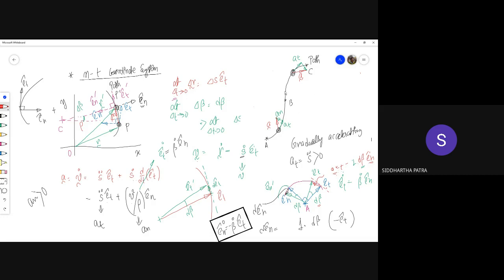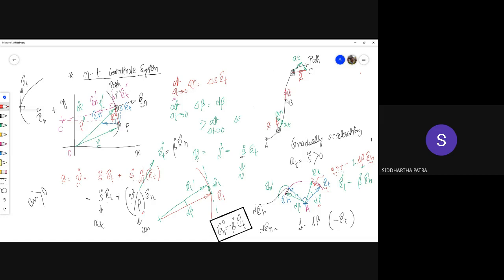But whenever the curvature is flat, or let's say the radius of curvature is infinite, in that case there is only the tangential component of acceleration, and that is how it looks.